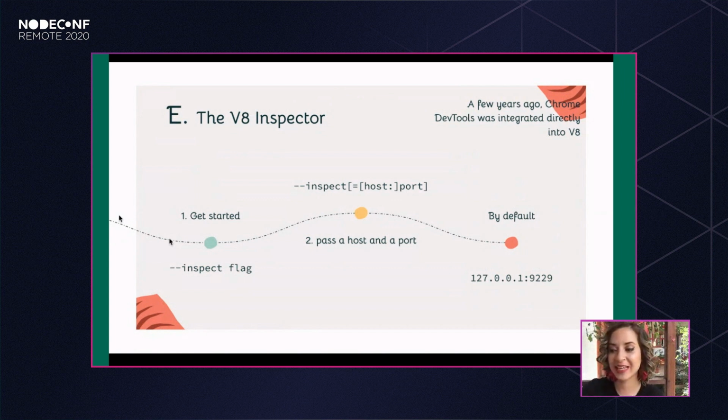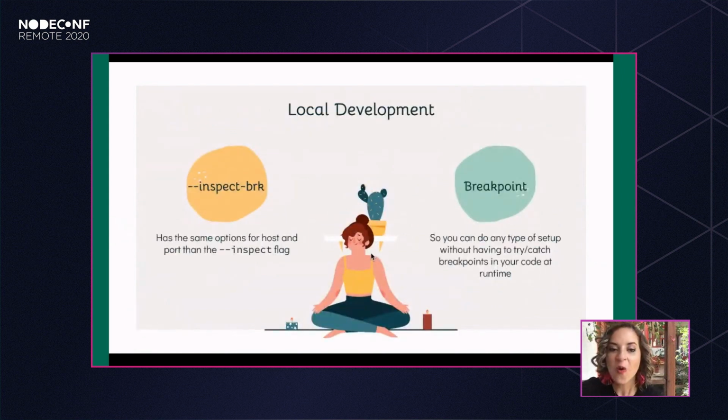There are a few ways to get started. One is using the inspect flag, which starts the inspector. Then you can pass a host and port to listen on. But if no parameters are passed, it will use the default, which is 127.0.0.1 and a default port. Another way, more useful when doing local development, is the inspect-brk flag.